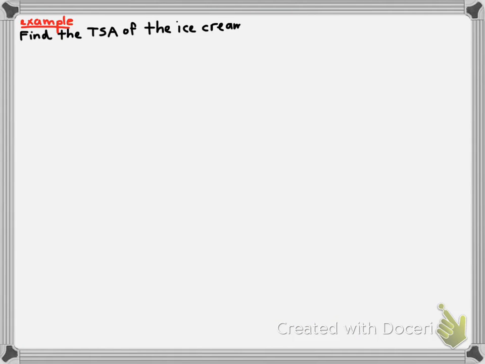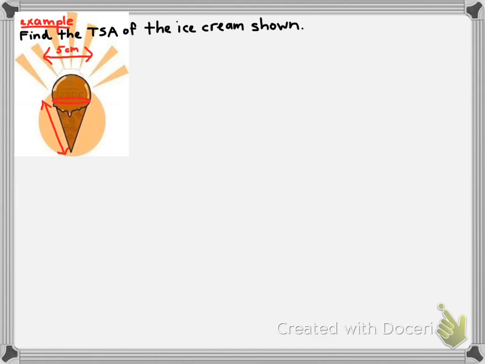Let's have a look at another example. Let's find the total surface area of the ice cream shown. Now we're assuming that the ice cream consists of a cone which is topped by another hemisphere. Again, looking at that cone, we can see that this distance of 5 centimeters represents the diameter of the sphere, so the radius again would be 2.5.